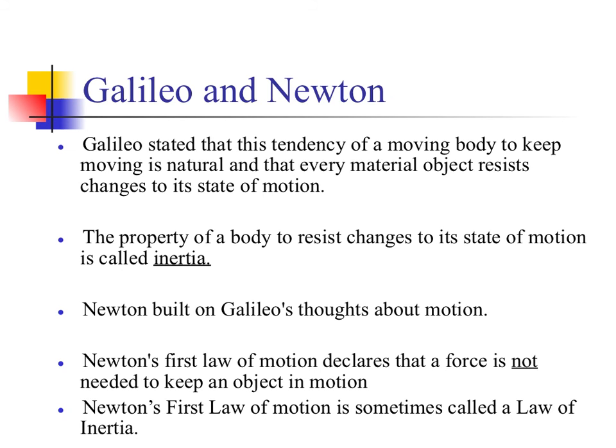Meaning it's still going to move, it just might be slowing down. And now you have an acceleration, which means you have a force, which brings Newton into his second law, which we will talk about a little bit more later on. But it's a big idea, and that's why Newton's first law is sometimes called the law of inertia.